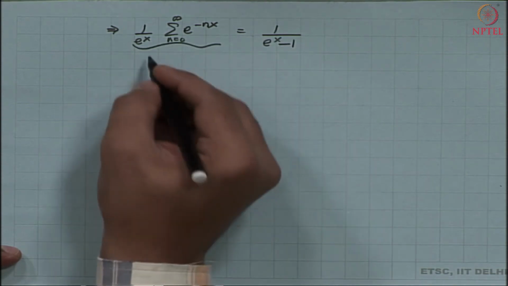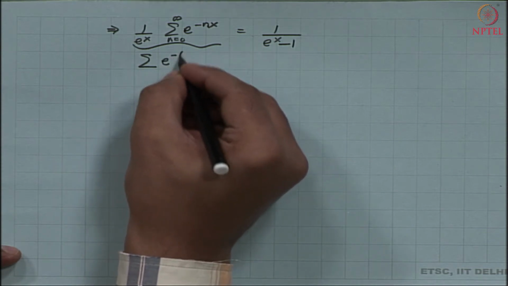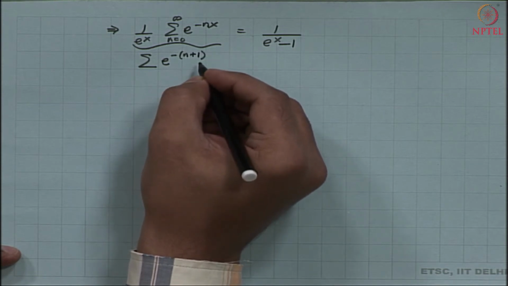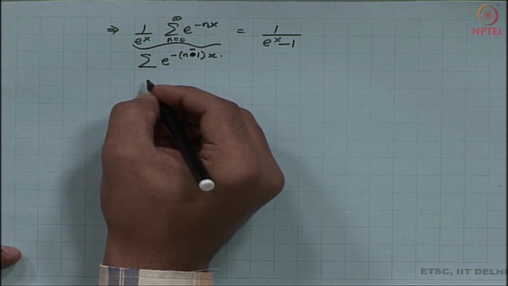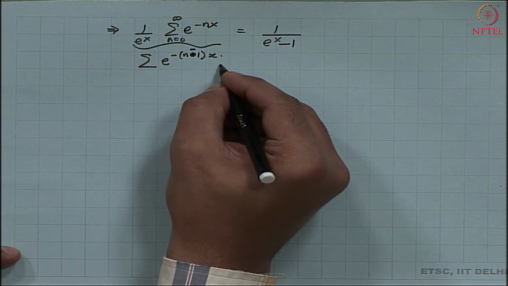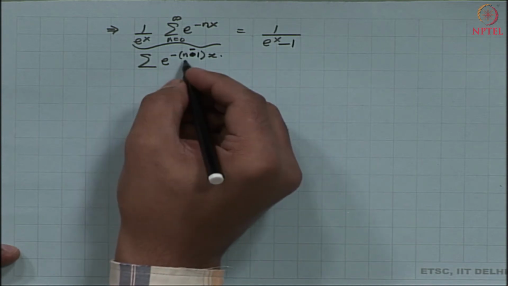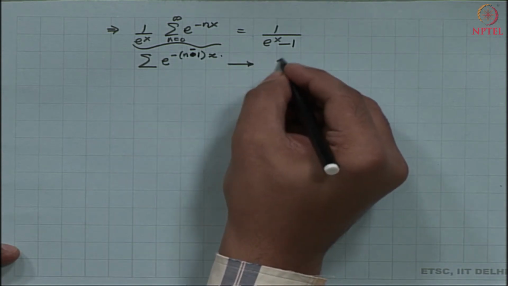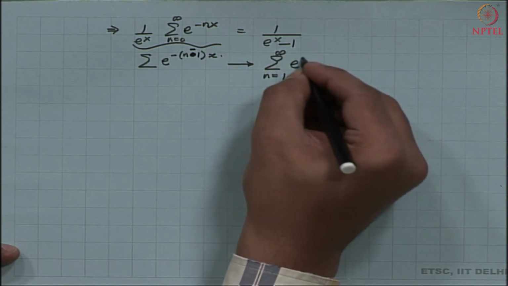Notice that this is nothing but summation e to the power minus n plus 1, well, n minus 1 x, right. So, then let me just say that this new series changes to summation from n equal to 1 to infinity e to the power negative n x.